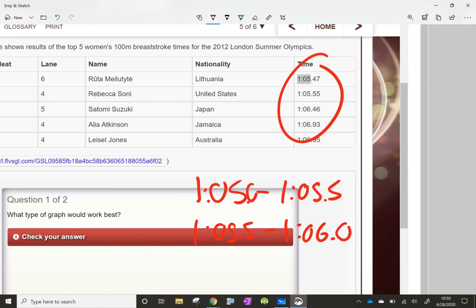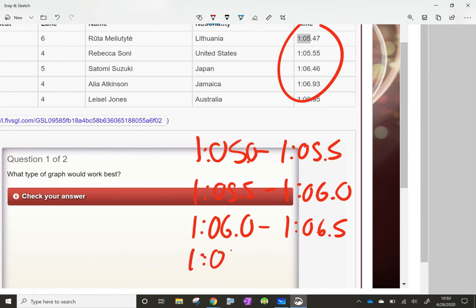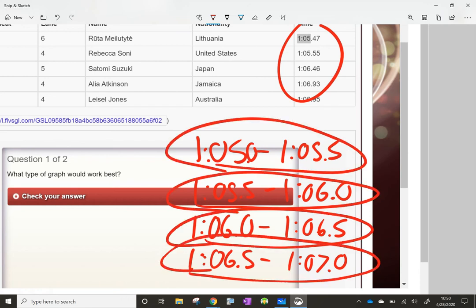Then you can have people who swim a minute 6 flat to a minute 6.5, and a minute 6.5 to a minute 7 flat. So you can break it into these ranges of values and you can make a histogram out of that.